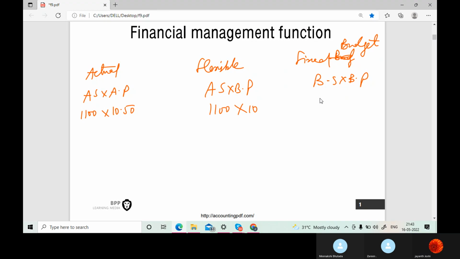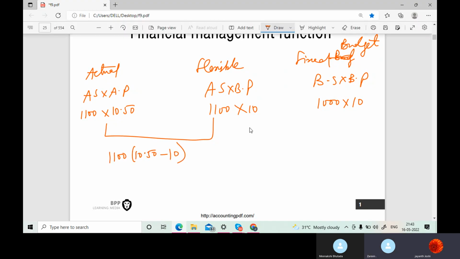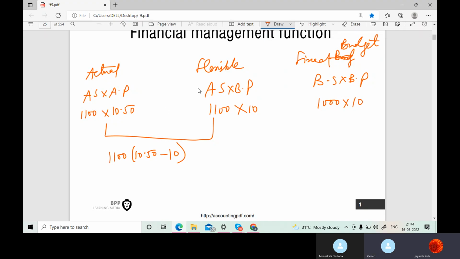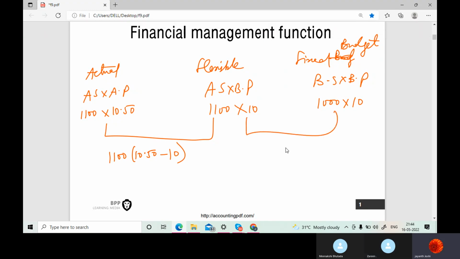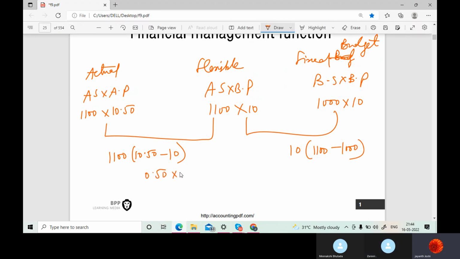Here 1100 is common, so 1100 into 0.50, which is 550.